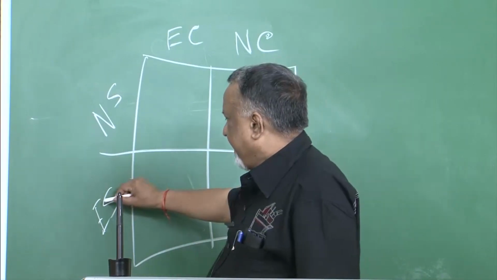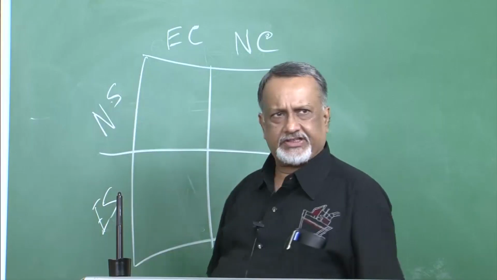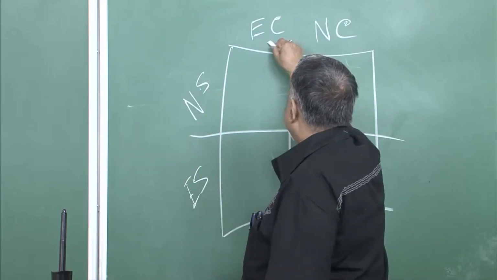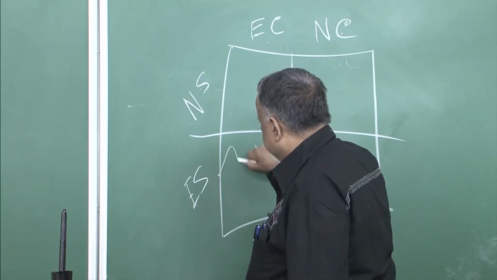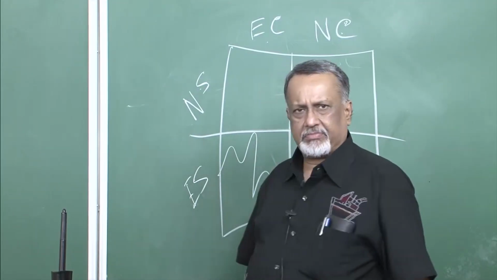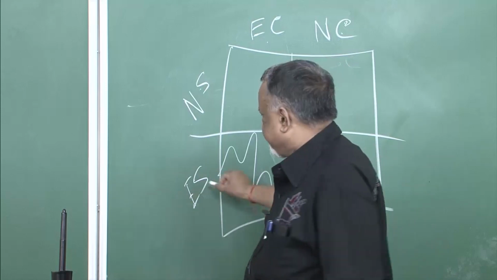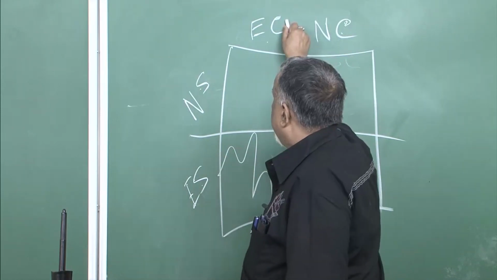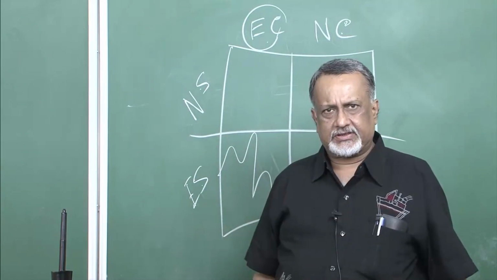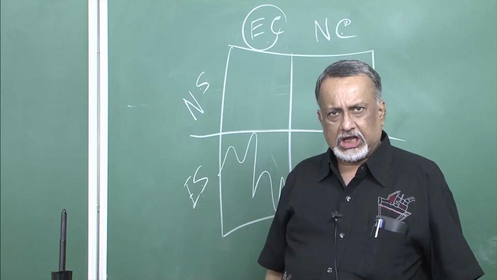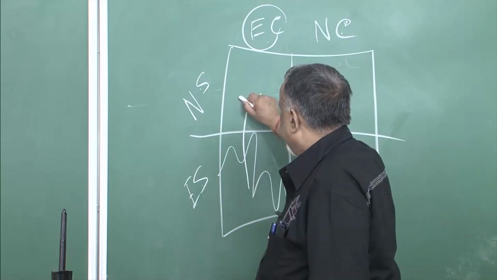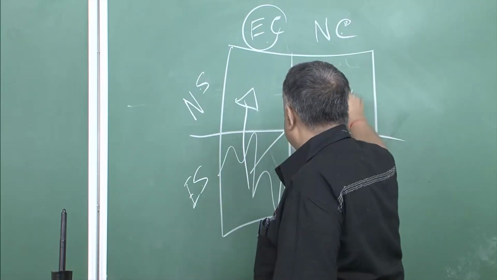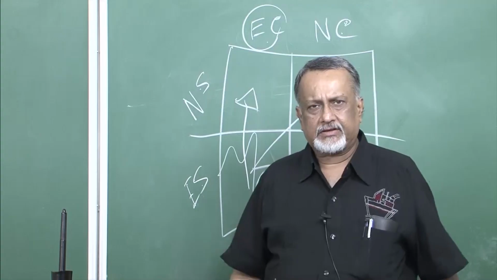And existing service, new service, existing customer, new customer. So all businesses are here at any point of time. Existing service being offered to existing customers. So new services can be created in these 3 trajectories.